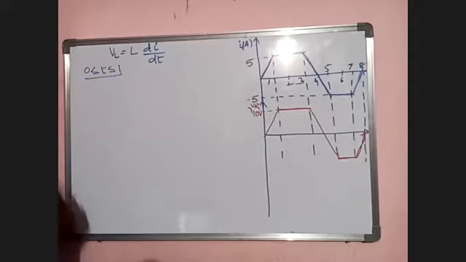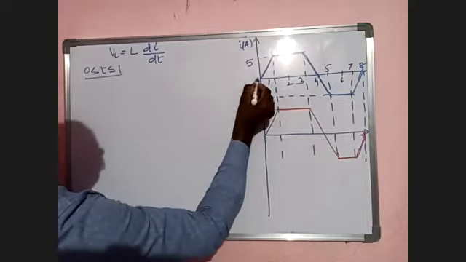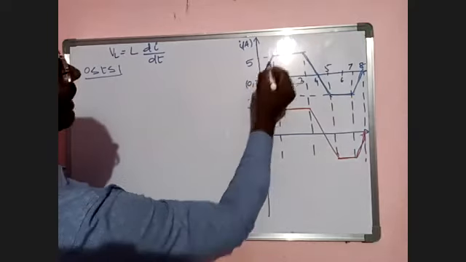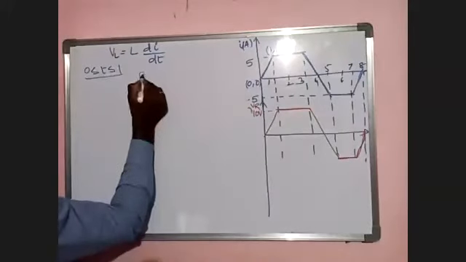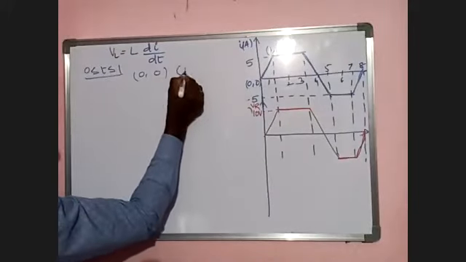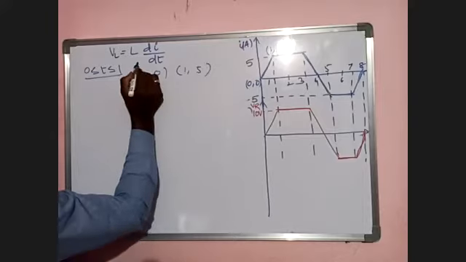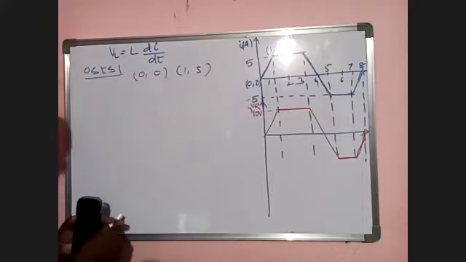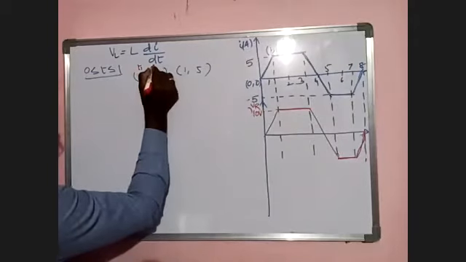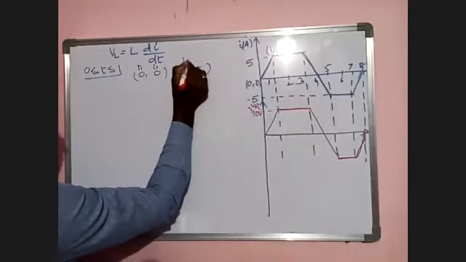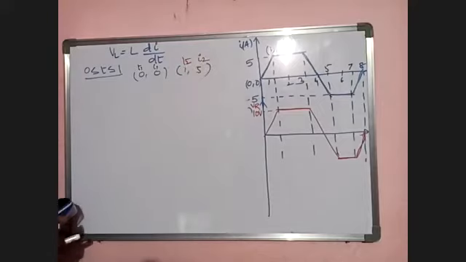There are 2 points here. This point is 0, 0, and it is 1, 5. Here, T1, I1, T2, I2.